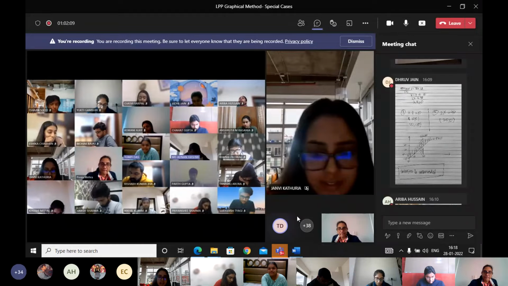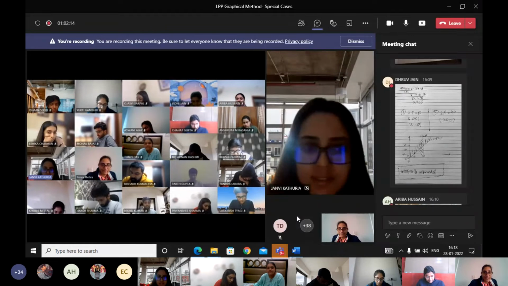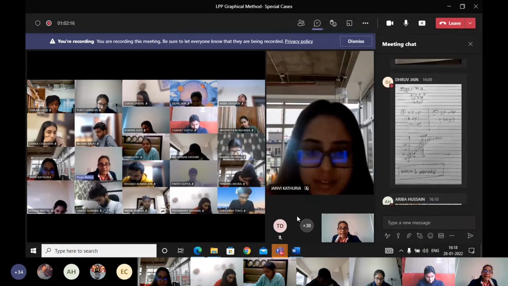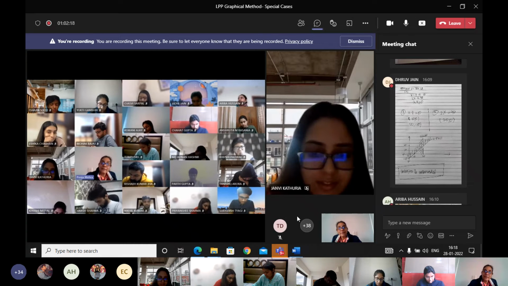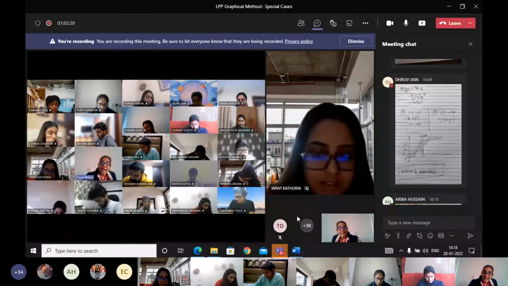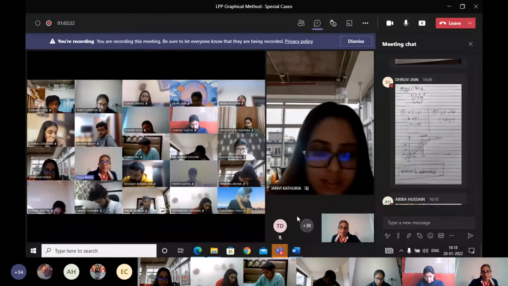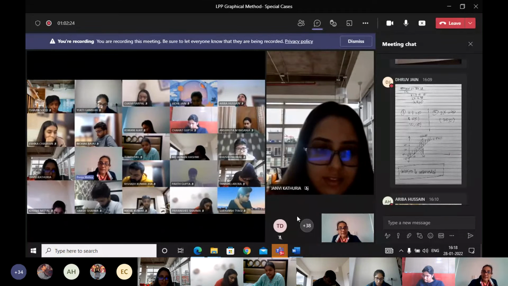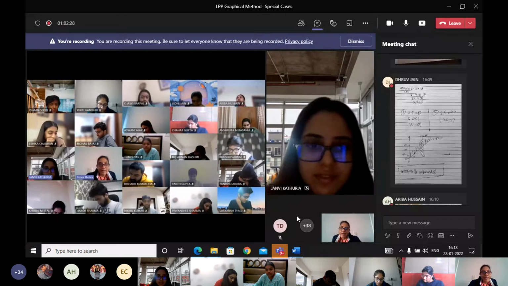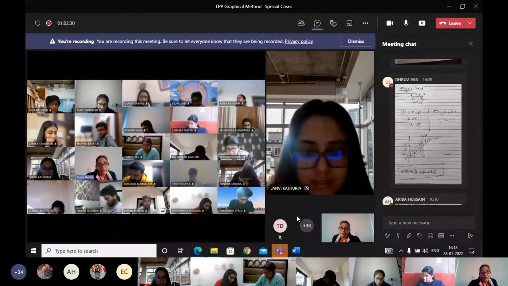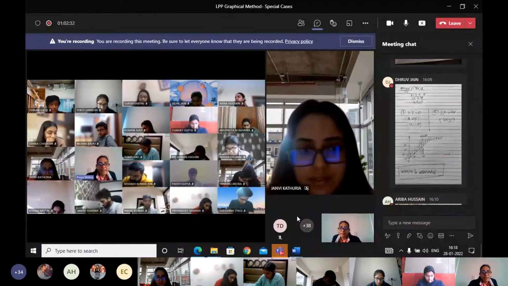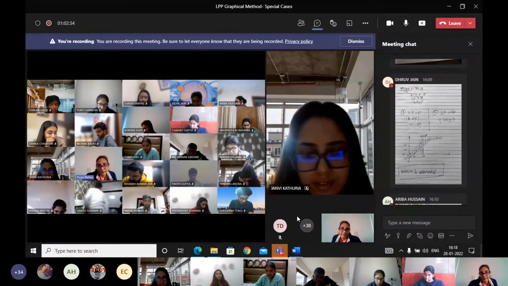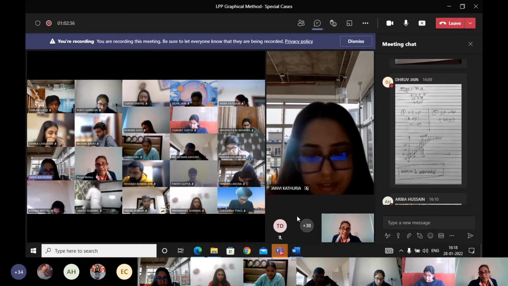Ma'am, when there is either. Either might be there. In case of an unbounded region, if we have maximization, then the upper boundary need not be there. And in case of minimization, the unbounded region has the lower boundary. And how can we not have a lower boundary when we know that the minimum point must lie in the first region only, when x, y both need to be positive?